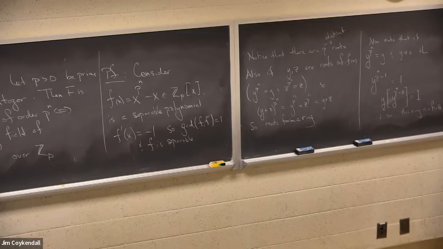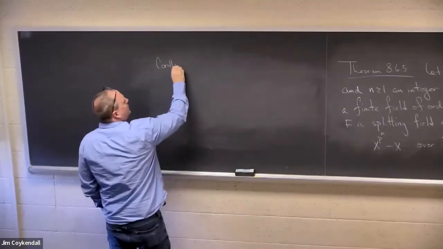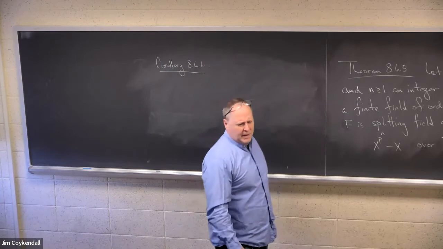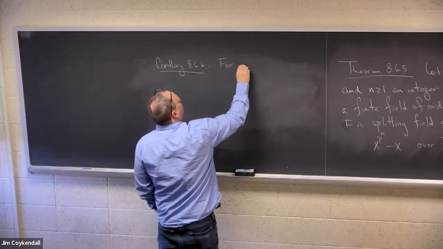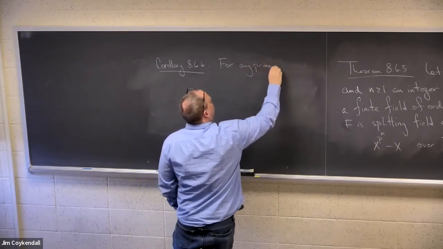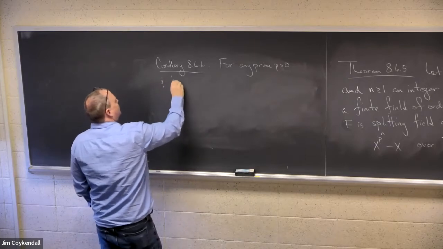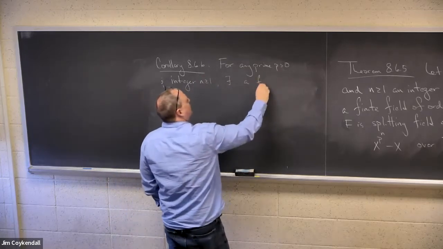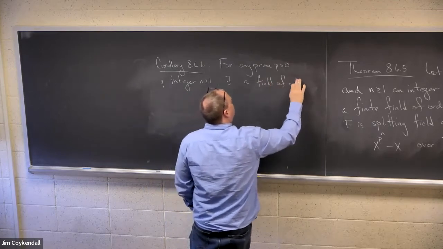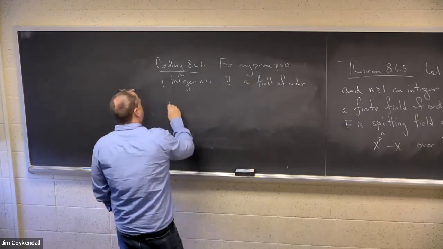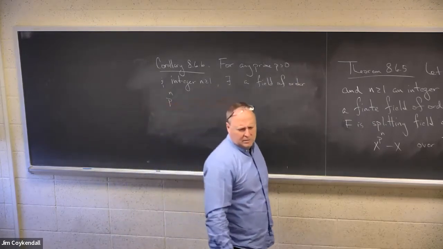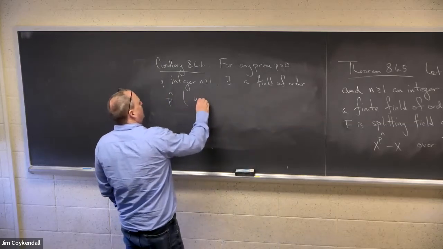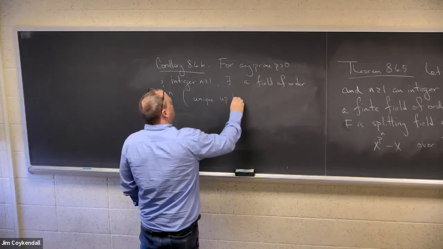I'll give you a couple of corollaries. Corollary 8.6.6: for any prime p and integer n greater than or equal to 1, there exists a field of order p to the n, and it's unique up to isomorphism.